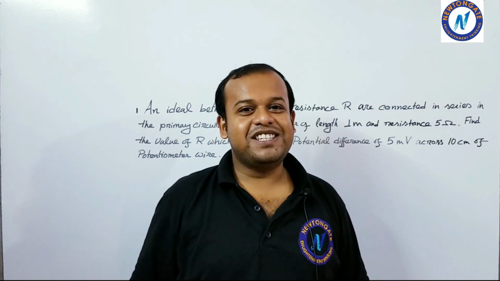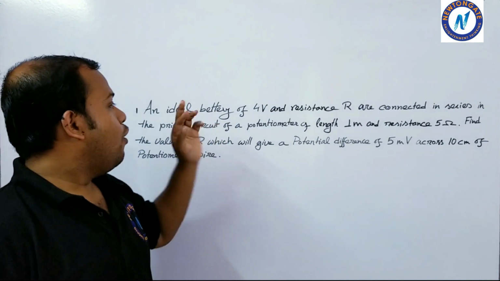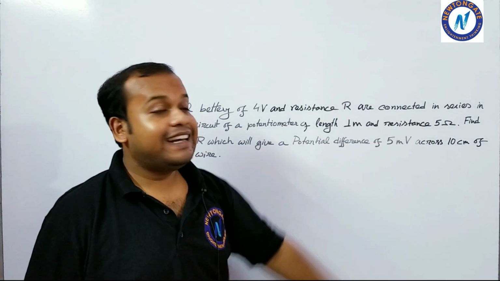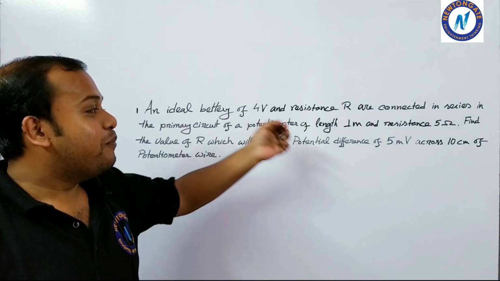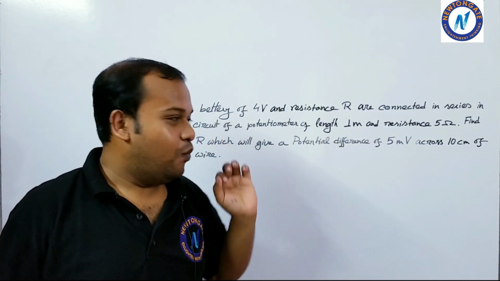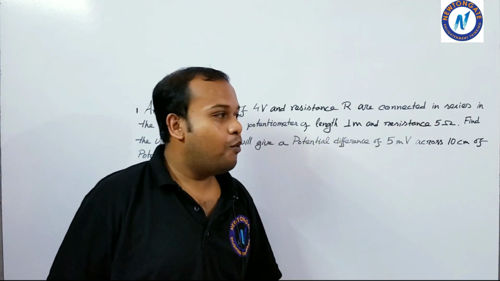So the next question says that an ideal battery of 4 volt and a resistance of R are connected in series in the primary circuit of a potentiometer. The length of the potentiometer wire is 1 meter and the resistance is 5 ohms.